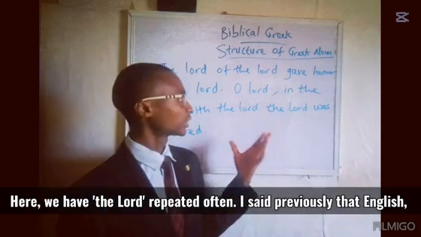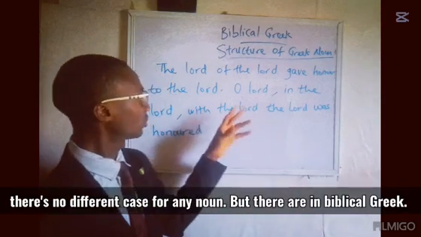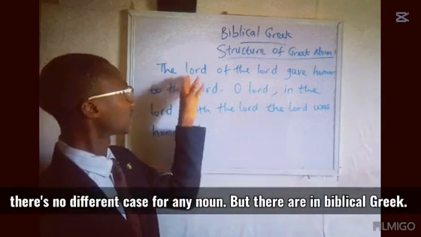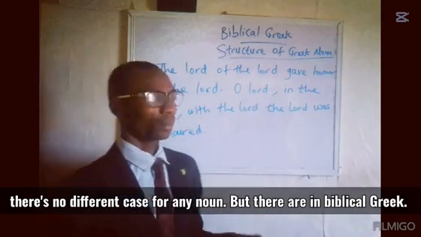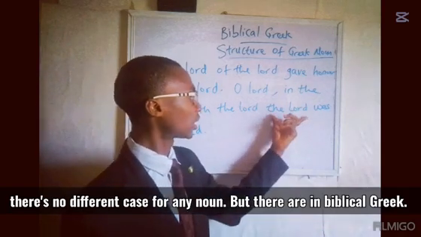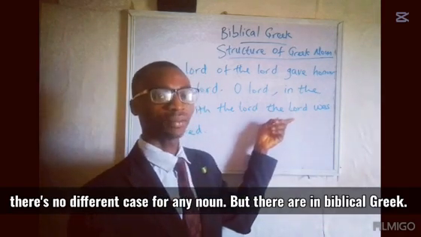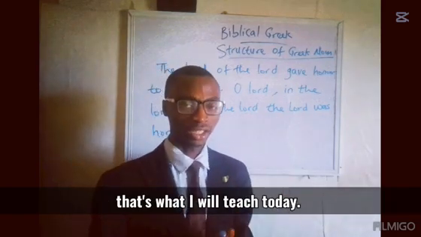Now, as I said in the previous lecture, in English we don't have different cases for each of these nouns. But in biblical Greek, each particular case has its own form. And that's what I'm going to teach in this lesson.